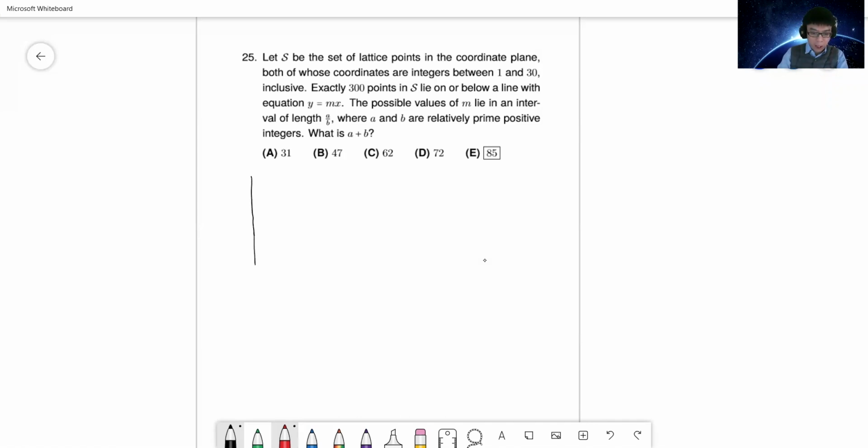Let's first try to estimate the value of the slope. We have this coordinate system from 0 up to 30. Okay, we only consider positive coordinate values.